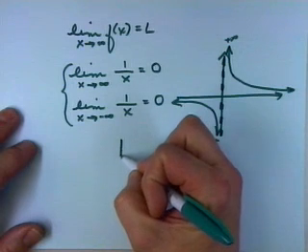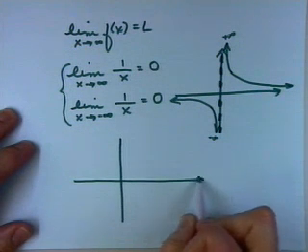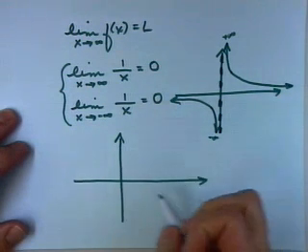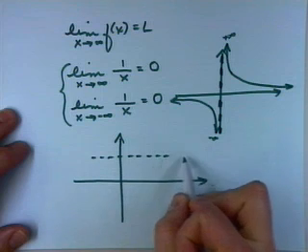Horizontal asymptotes for the function, let me put a couple of different pictures here. Let's say here is our limiting value.